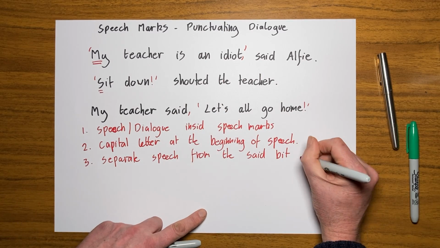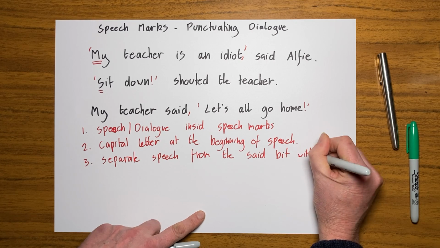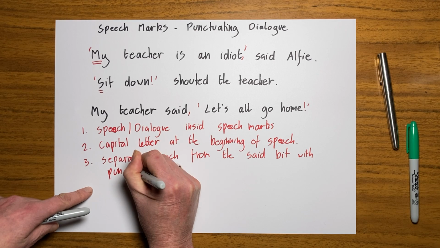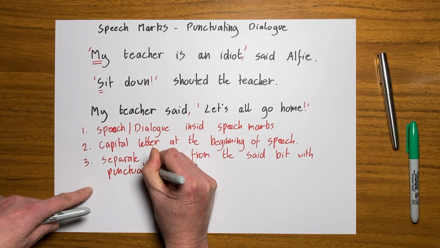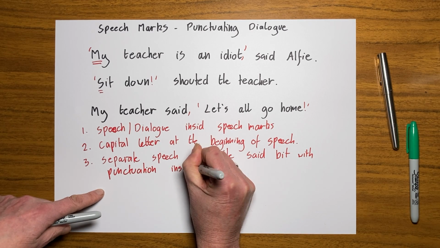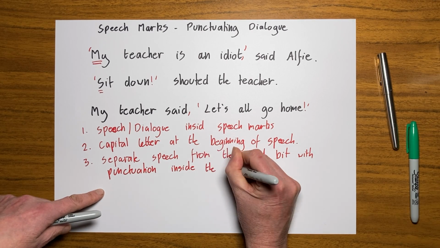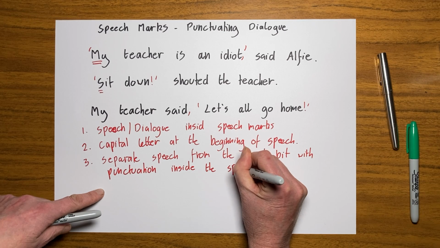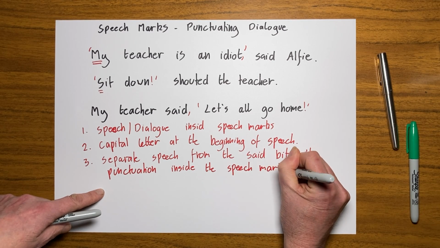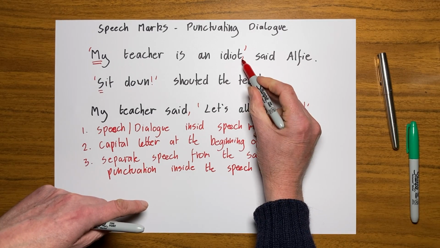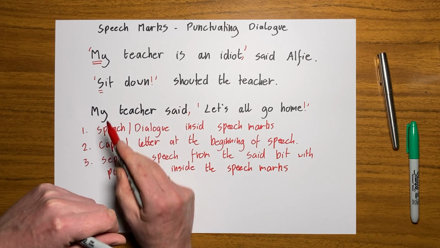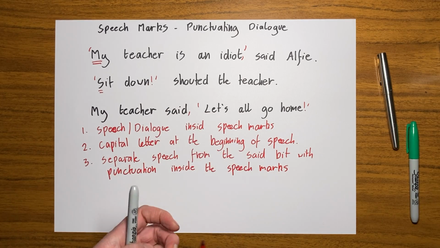Separate speech from the said bit with punctuation inside the speech marks. And that is here. So I've got that comma here inside the speech mark. I've got that exclamation mark here inside the speech mark. And I've got that comma here.